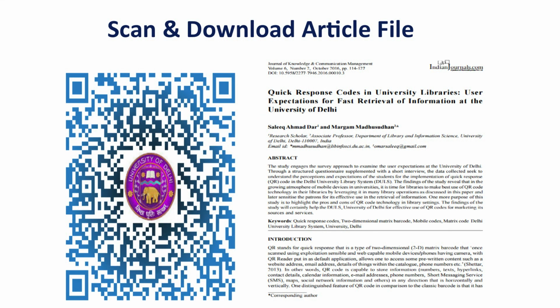How does this happen? It is very easy. You can see on the left of the screen there is a QR code. Just scan it, and for the particular article you are looking for, you will receive the full text of that article on your mobile phone.